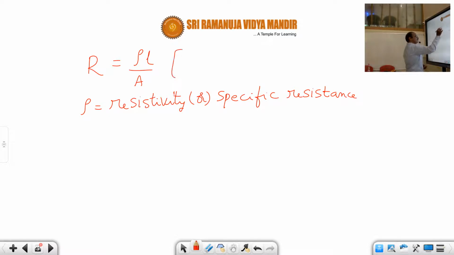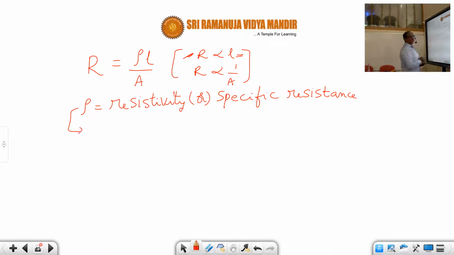So R is directly proportional to L, and R is directly proportional to 1 divided by A. That is why, as we just discussed, taking different lengths of a copper wire, 10 meters and 100 meters, the two have different resistance values, because R depends upon the length.